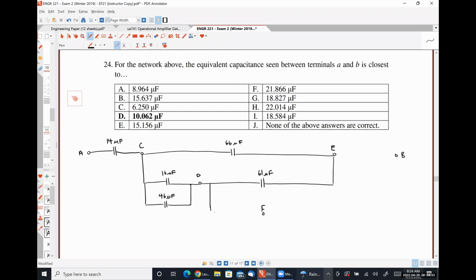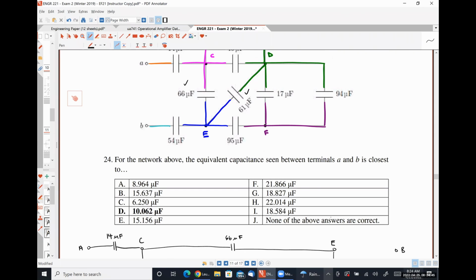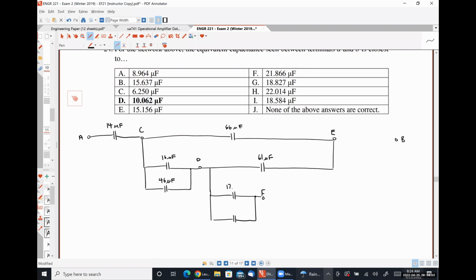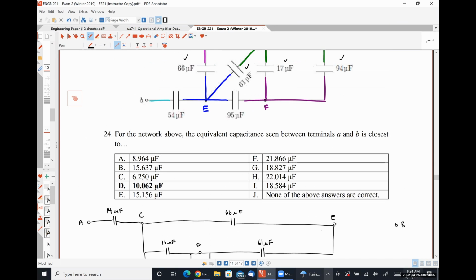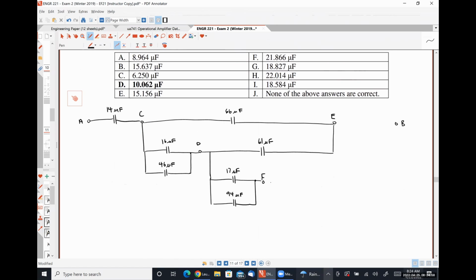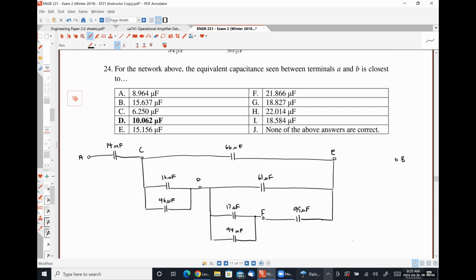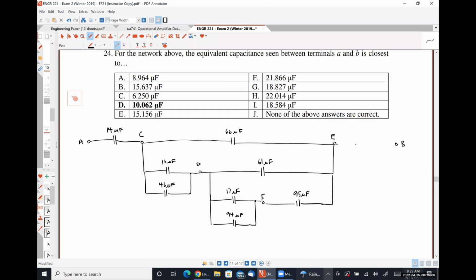And to go from D to F, I have two possible paths. So they are the 17 and the 94. From F to E is the 95. And the only way I can get from E to B is through the 54.